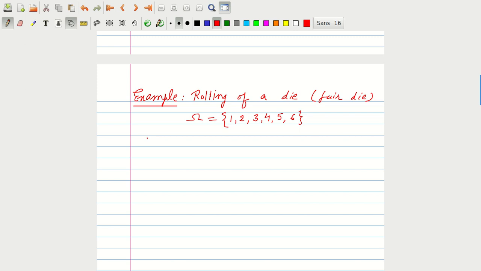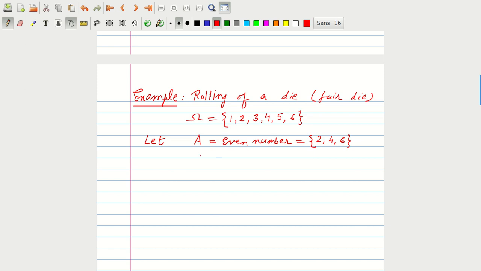Now let us define two events on this sample space. Event A is, say, the number of dots that show up is an even number. So even number for short. The corresponding sample points in event A will be 2, 4 and 6.